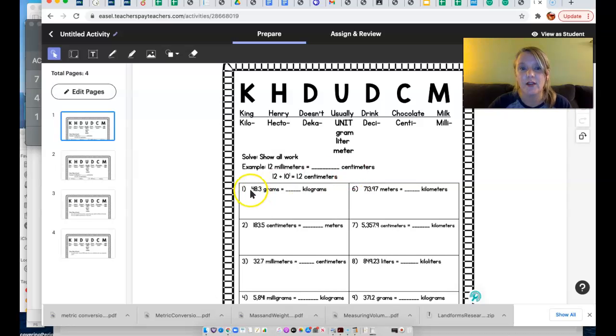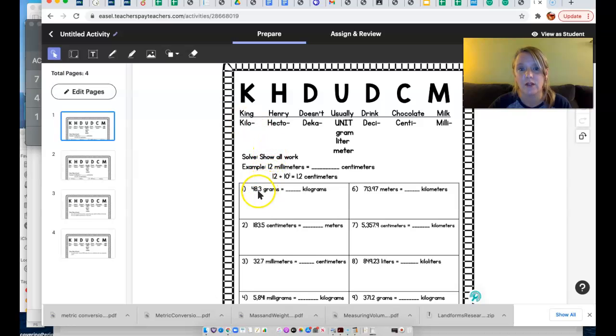This first one says 48.3 grams equals how many kilograms? Okay, well, we're starting here. We're starting at grams, and we're going to go to kilograms. So we have to move the decimal 1, 2, 3 places to the left.